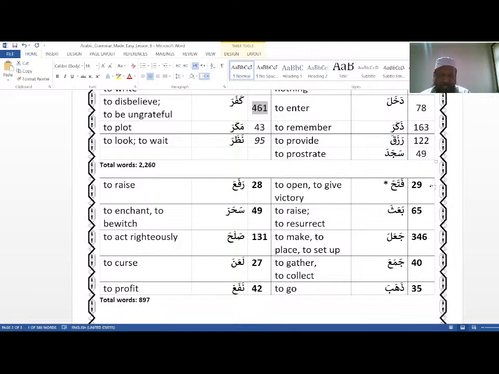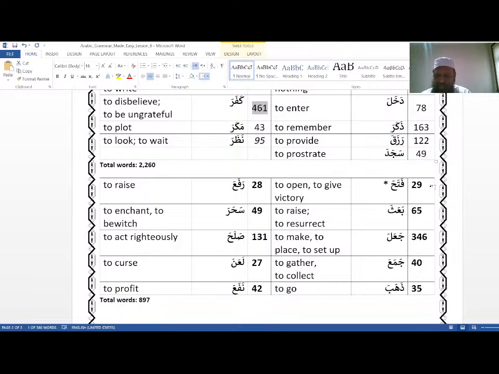Next, Salaha, to act righteously, again another very famous verb, comes 131 times. Next, La'ana, to curse, comes 27 times in different forms of sigas. Another one, Nafa'a, to profit.